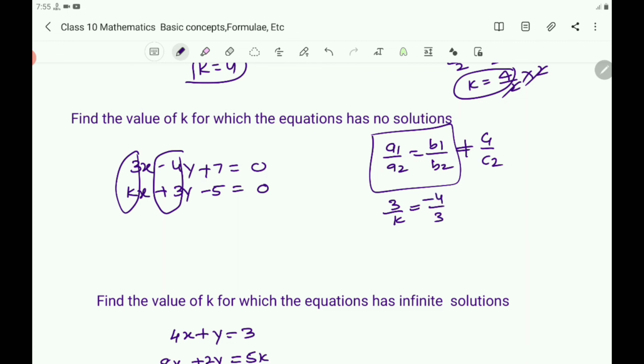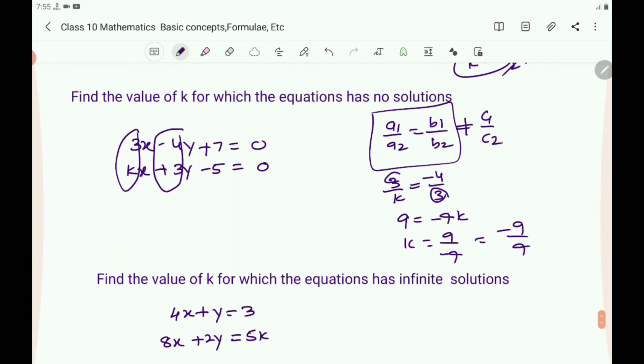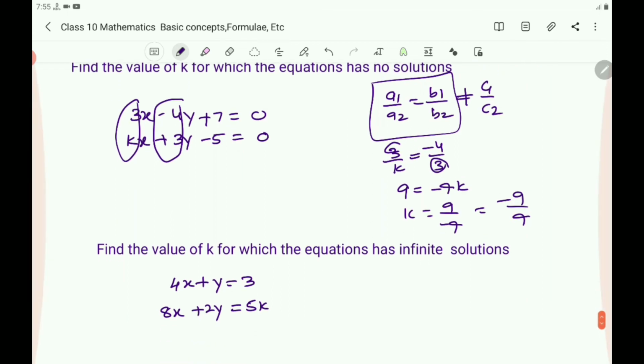So you will get, that is minus k by 3 equals, you do the cross multiplication, 3 3s are 9. 9 equals minus 4k. So k equals 9 by minus 4 or minus 9 by 4. K value is minus 9 by 4.